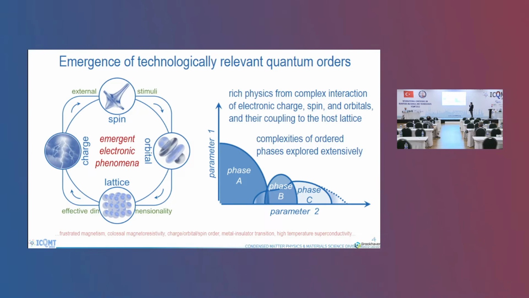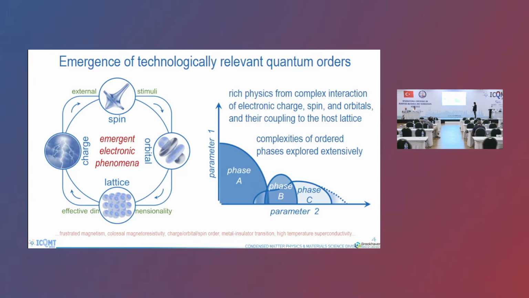So in principle, to make a general statement, the emergence of technologically relevant quantum orders and the rich physics stems from complex interaction of electronic charge, spin and orbitals and their coupling to the lattice.